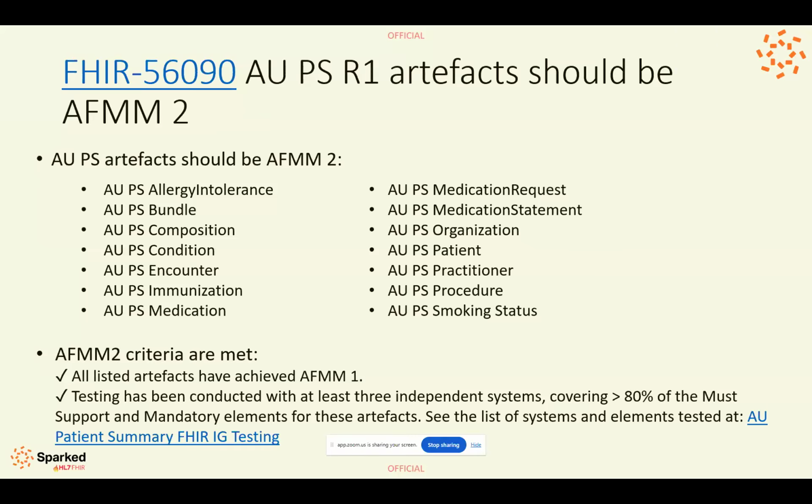Any other comments and questions while I am finding the electronic poll? Alrighty, you should see that just pop up in front of you now to vote affirmative, negative, or abstain based on what's been presented, that the criteria for AFMM2 has been met, and that we should be happy to endorse that we can mark these artifacts as AFMM2.